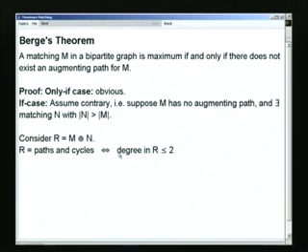If R is made up of paths and cycles, it's the same thing as saying that the degree of every vertex in R is at most 2, obviously. The degree of any vertex in a path is 2, the degree of any vertex in a cycle is also 2. So if I can prove this, I would have proved this.